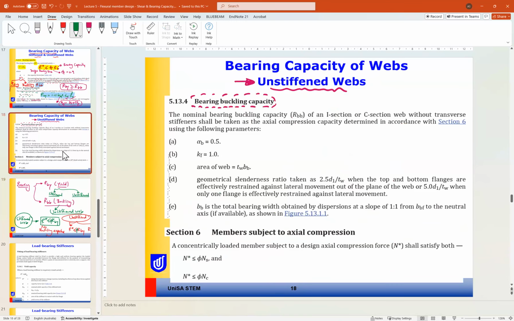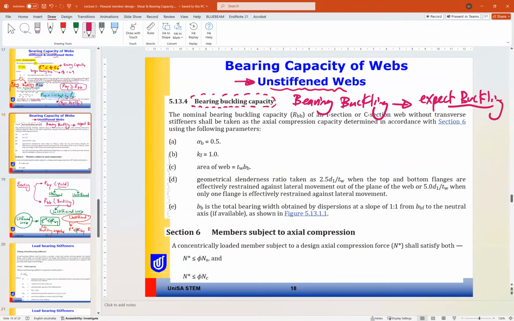Okay, so for unstiffened web, we will calculate the bearing buckling capacity because we expect buckling for unstiffened web. How to find RBB?